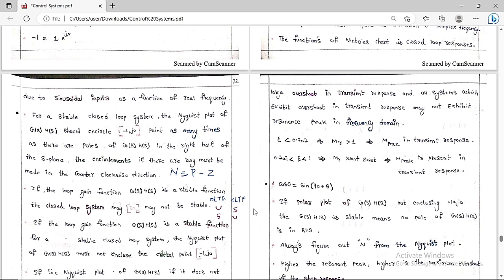Similarly, if the open loop transfer function is unstable, the closed loop transfer function can be either stable or unstable. And if the open loop transfer function is stable, the closed loop transfer function can be either unstable or stable. This also you have to keep in mind.